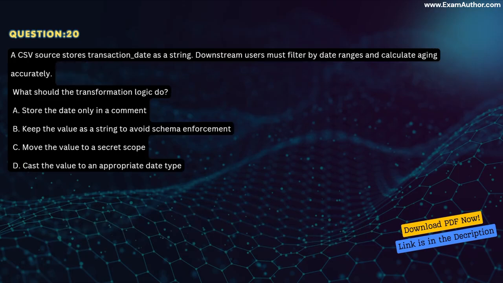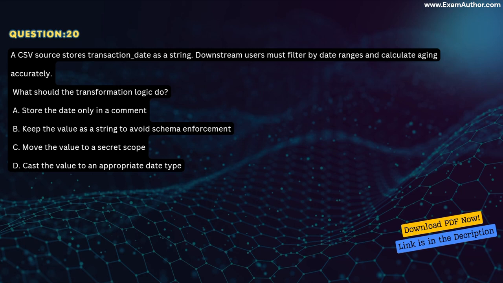Question 20. A CSV source stores transaction_date as a string. Downstream users must filter by date ranges and calculate aging accurately. What should the transformation logic do? A. Store the date only in a comment. B. Keep the value as a string to avoid schema enforcement.